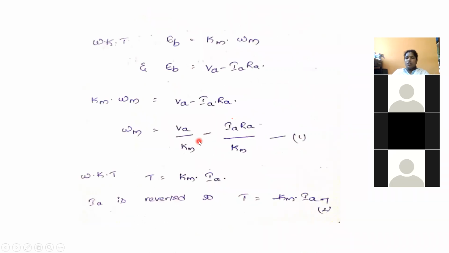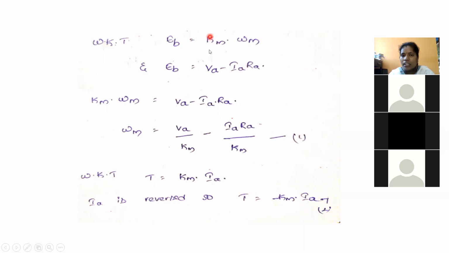And next, you have to derive the expressions for back EMF and torque. Already from the motors, we are very familiar with the basic equations. That is, back EMF EB is given by Km into omega m. And this is the fundamental formula we get from the motors. Whereas from the chopper circuit and our motor, we can write EB is equal to VA minus IARA.